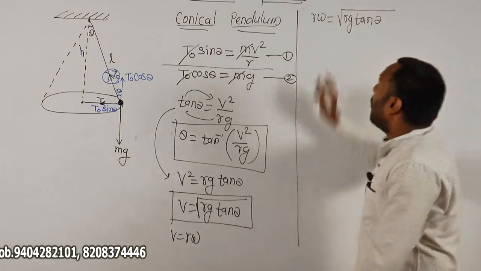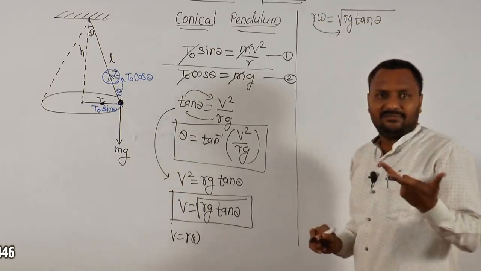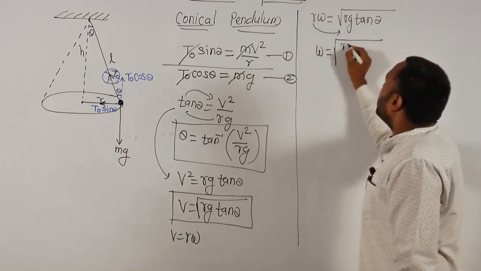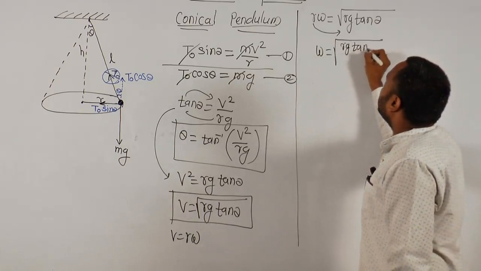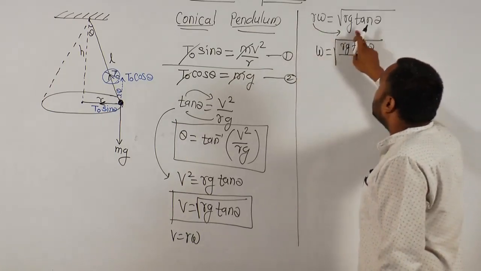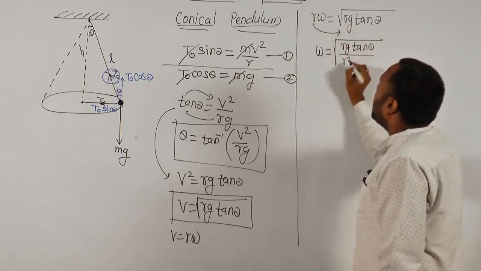Now transfer this r to the right hand side, it gets divided. Then omega is equal to the square root of rg tan theta divided by r, which becomes r square when we transfer it inside the square root.